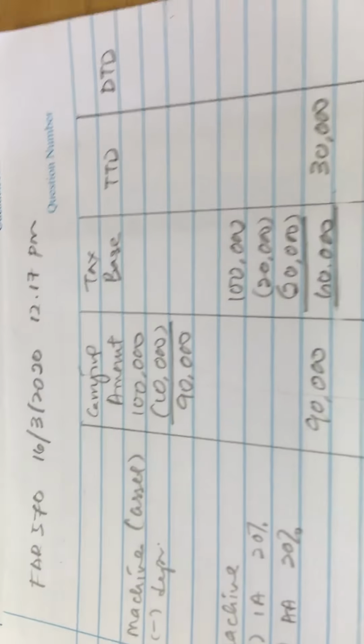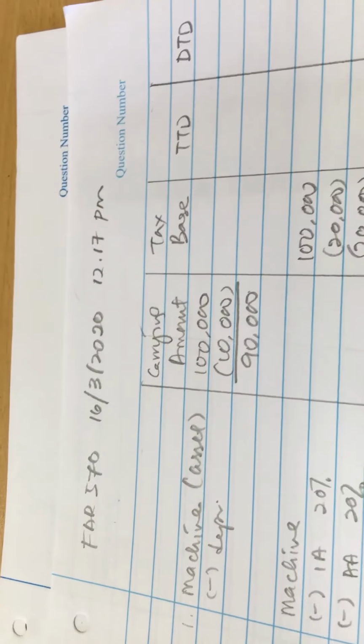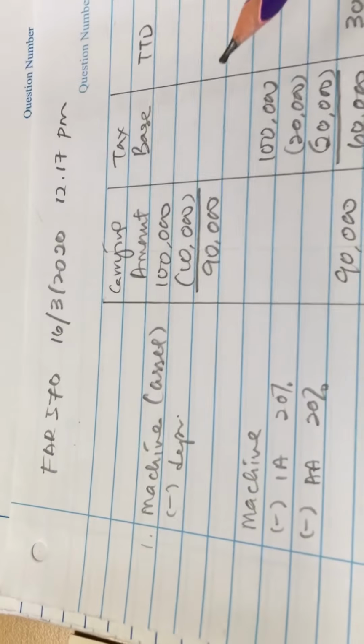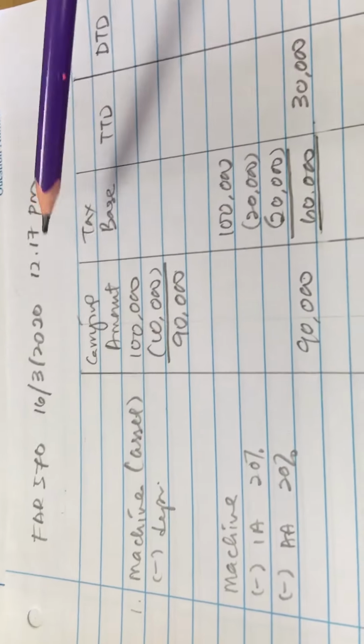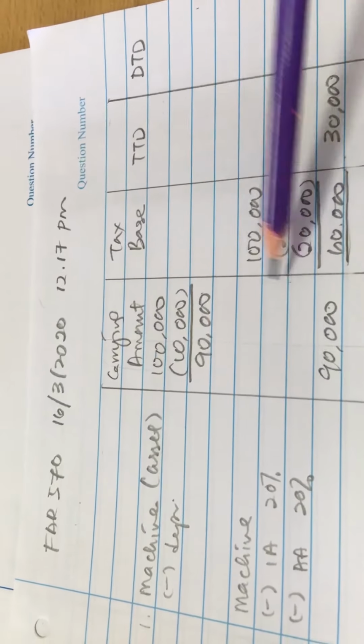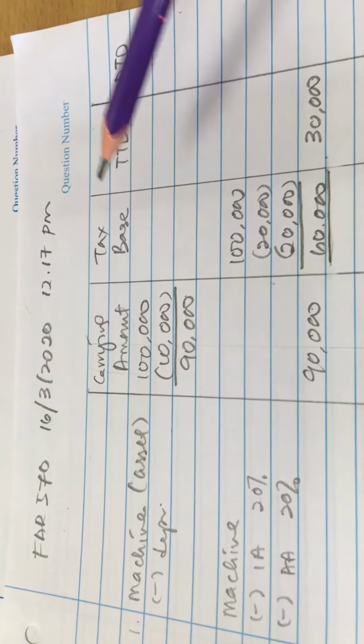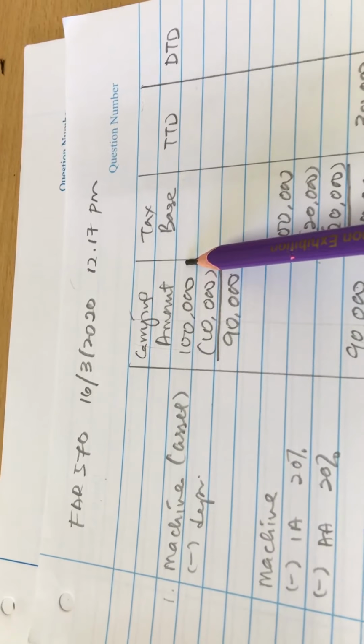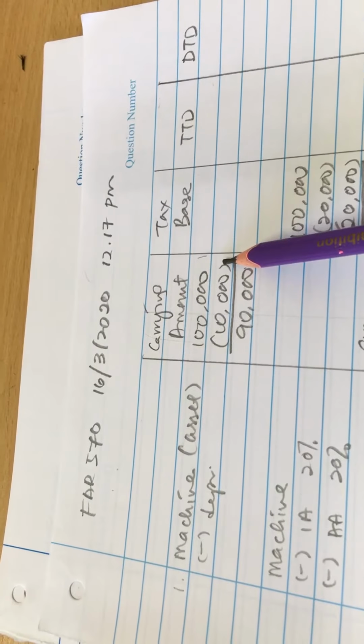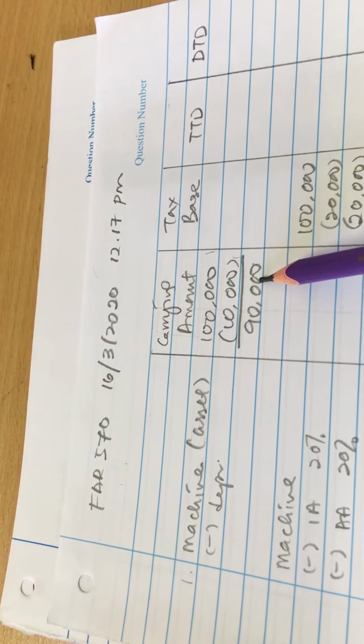Okay, so what you need to do is write down the machine, and the columns are carrying amount and tax base. For carrying amount, we get the cost of the asset 100,000, less depreciation 10,000, total carrying amount 90,000.